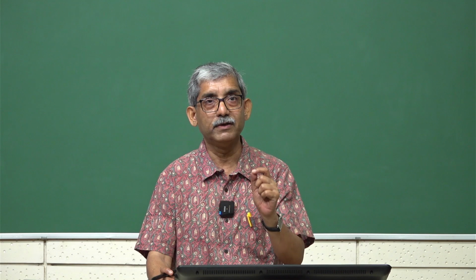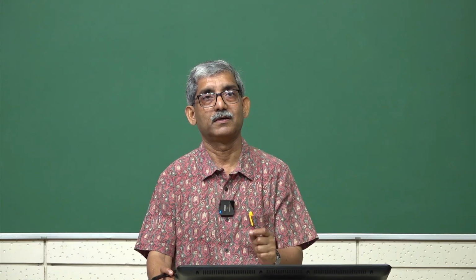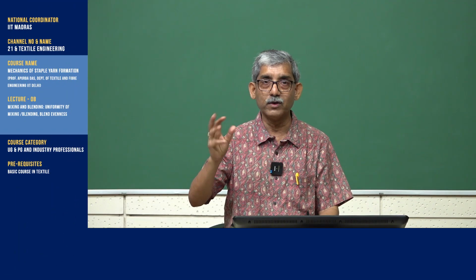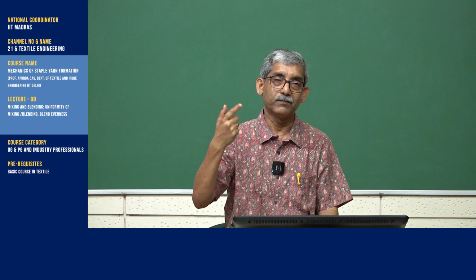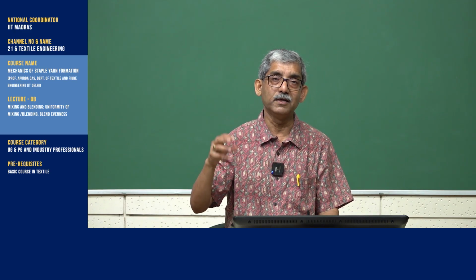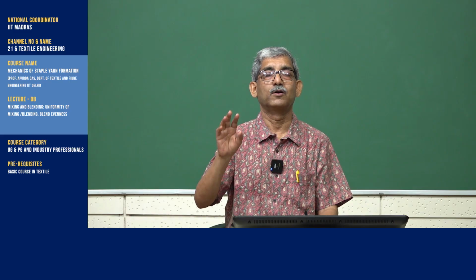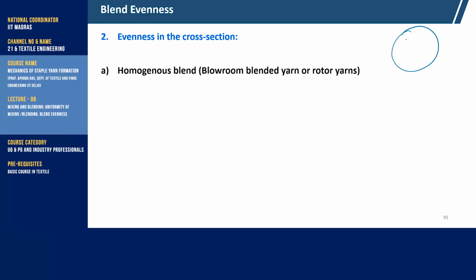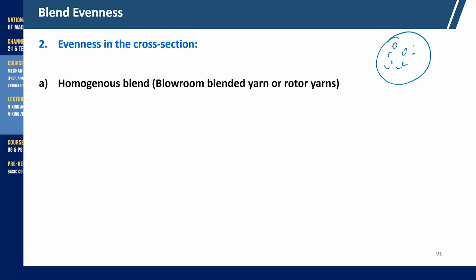Now, evenness in cross section, the homogeneous blend. In the blow room we can get homogeneous blending, and also for rotor yarn. In rotor yarn, even after sliver, during the opening action by the opening roller, the fibers are mixed intimately and deposited in the rotor groove and form the yarn. So, in the yarn cross section the fibers are distributed evenly.